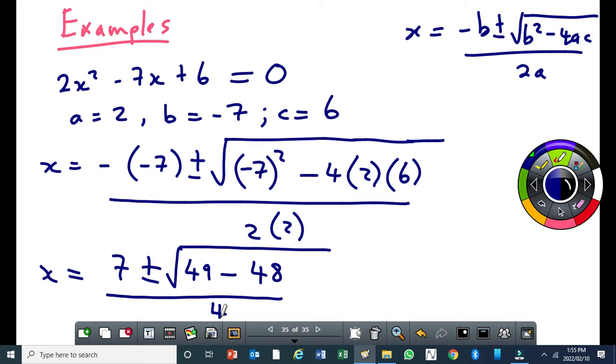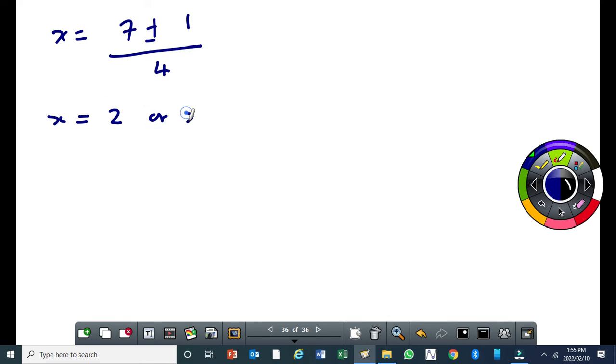Then, I'm sure you saw earlier that 49 minus 48 is 1. So you end up getting x equal to positive 7 plus or minus 1, over 4. So this will give you x equal to 2 or x equal to 3 over 2.